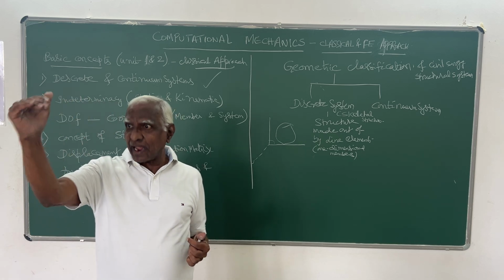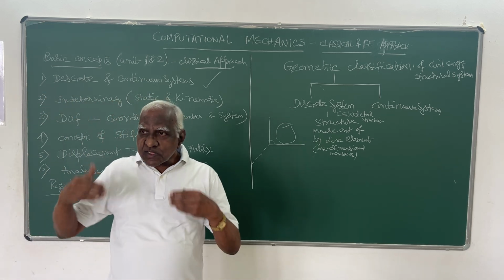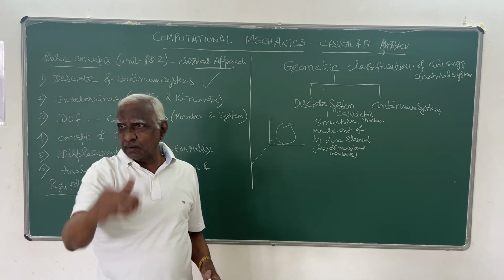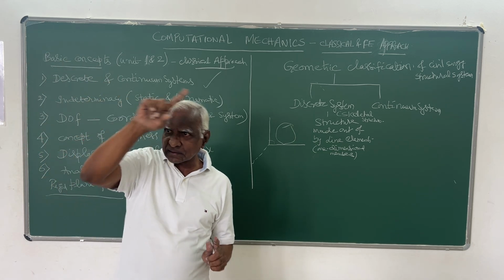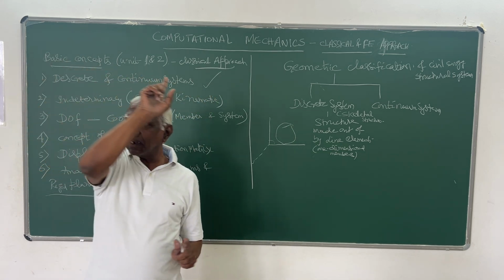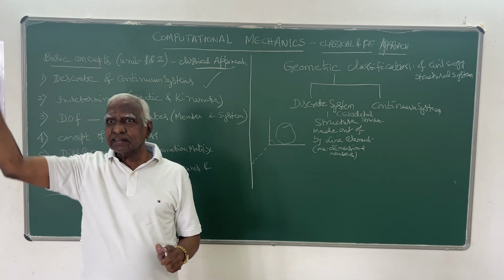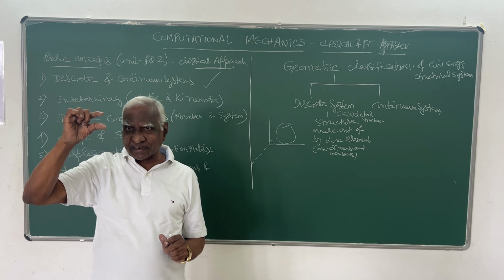If you take a slab, this slab we can assume to be made out of a number of rectangular elements. So this is the entire slab. It is a two-dimensional structure wherein two of the dimensions are large, that is, length and width are large when compared to its thickness.